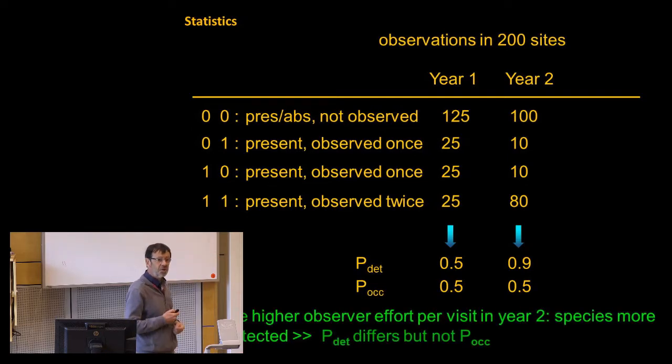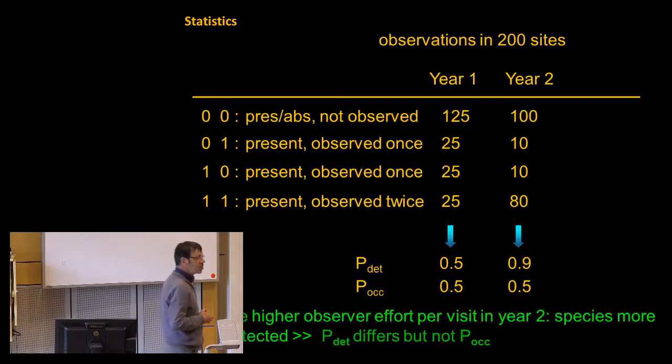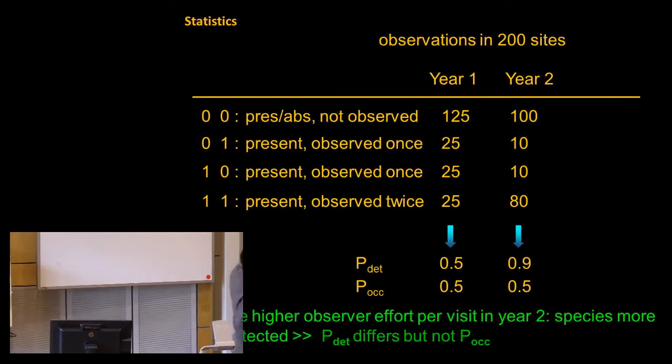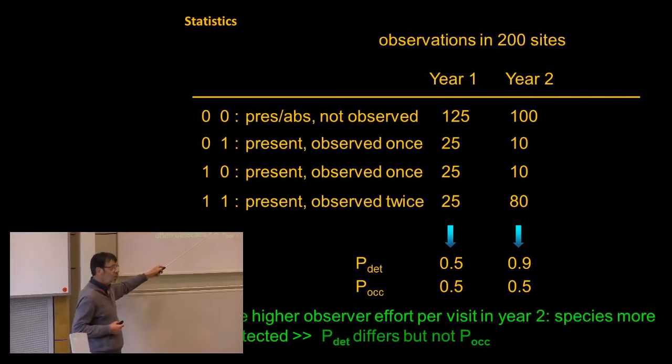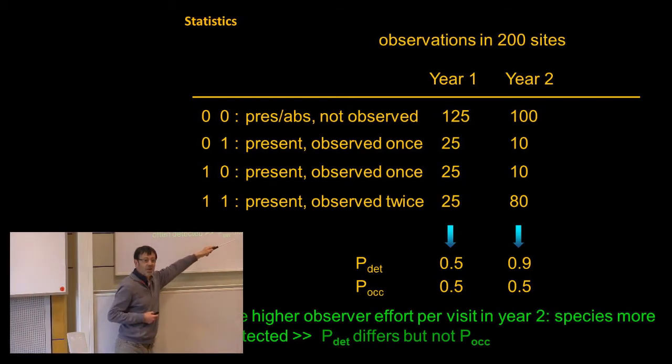Suppose your effort is higher in year 2 because your participants, your observers, are better trained or more encouraged or whatever to do their work. Then you will find more observations, but you will especially find more double ones and fewer of these, which means that your increased observation effort will go into detection rather than into occupancy.